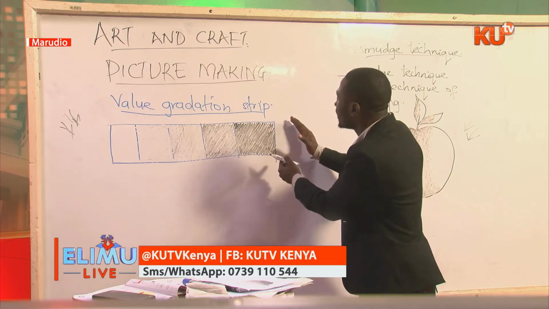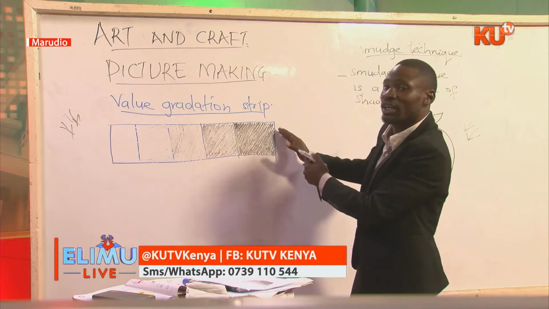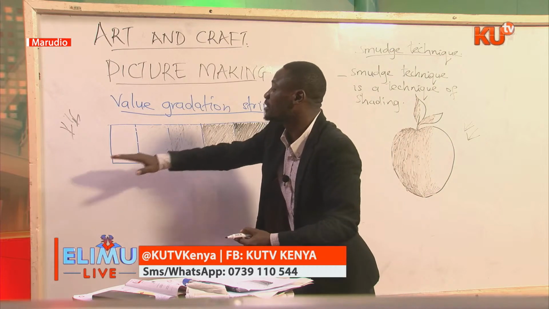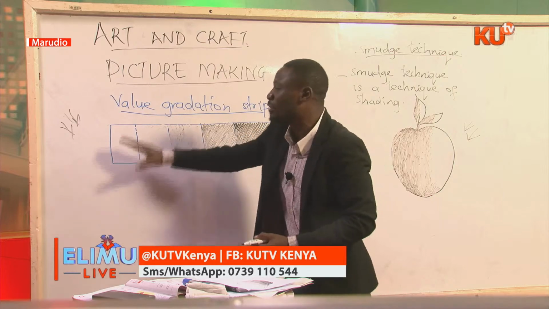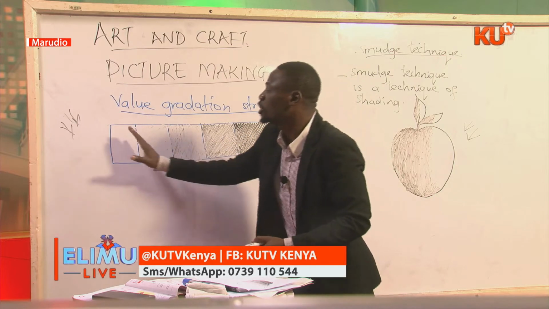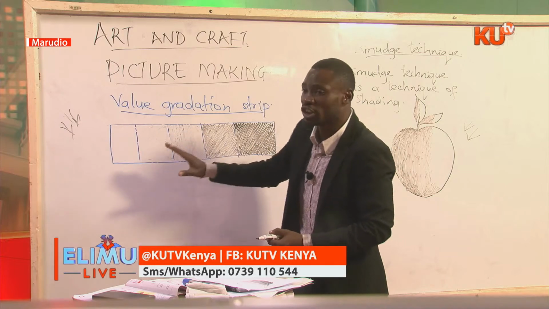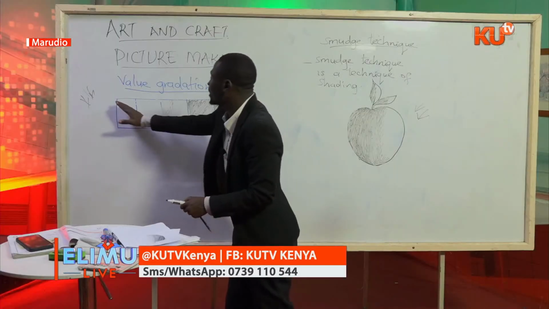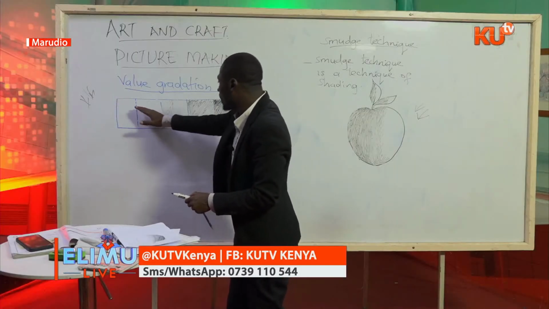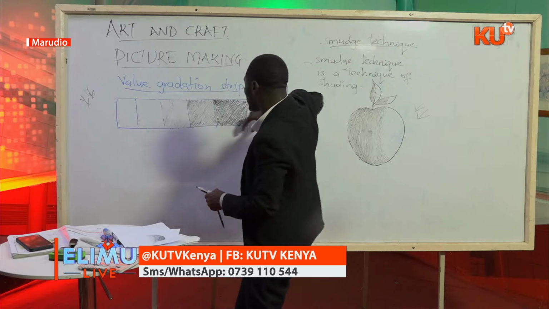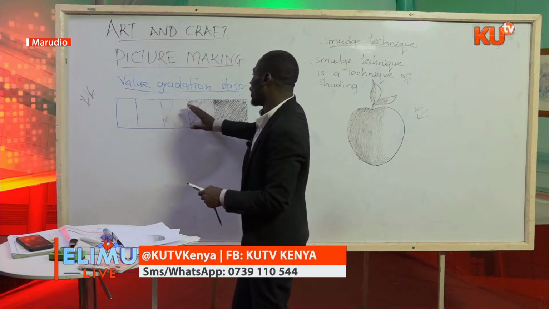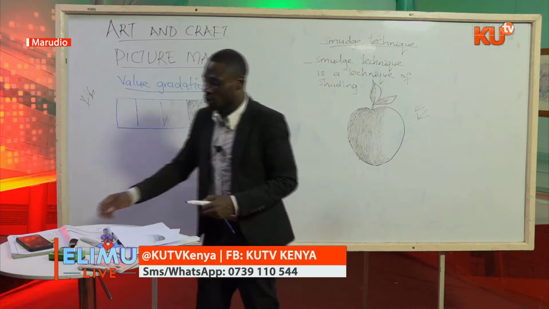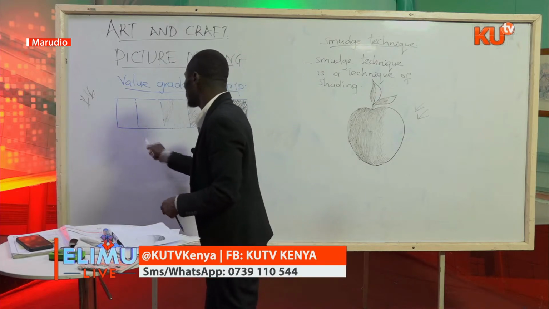That means that on this side there is no light, or there is less light compared to this side. This side has enough light, and therefore we don't need to shade it, or if you shade it, you can shade it slightly. But as we move towards this side, the light is disappearing and the darkness is appearing. So we can say this is one.